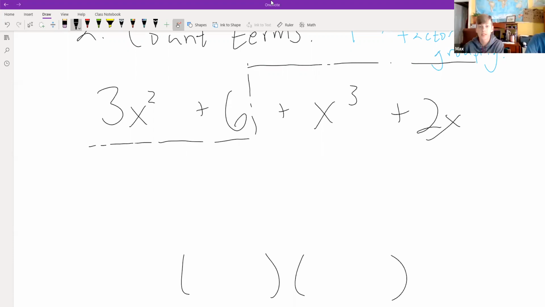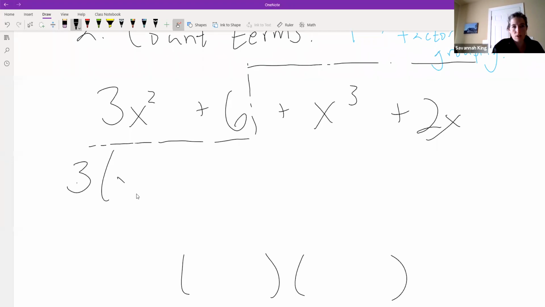Okay, the answer is 3 plus x, and then x squared plus 2. Yes, that is exactly what I got. Let me get back then. Oops. Too much technology at once. So to fill that in, there was a 3, and then x squared plus 2, and then plus, so this GCF is positive.